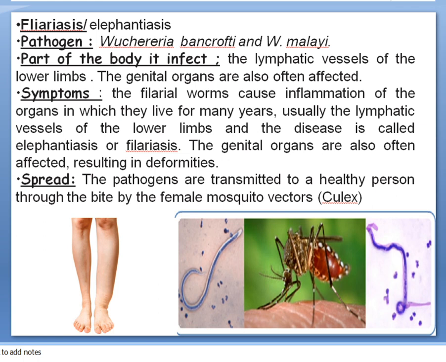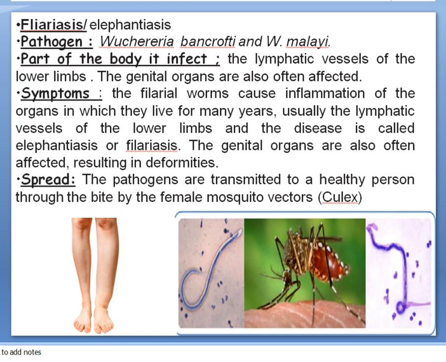What symptoms does it show? The filarial worm causes inflammation of the organs in which they live for many years, and usually the lymphatic vessels of the lower limbs will get inflamed, and the genital organs will often get infected and take a different shape.